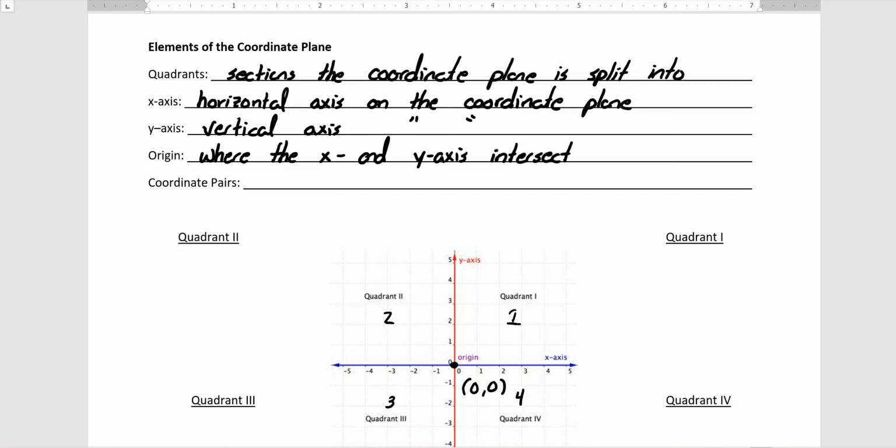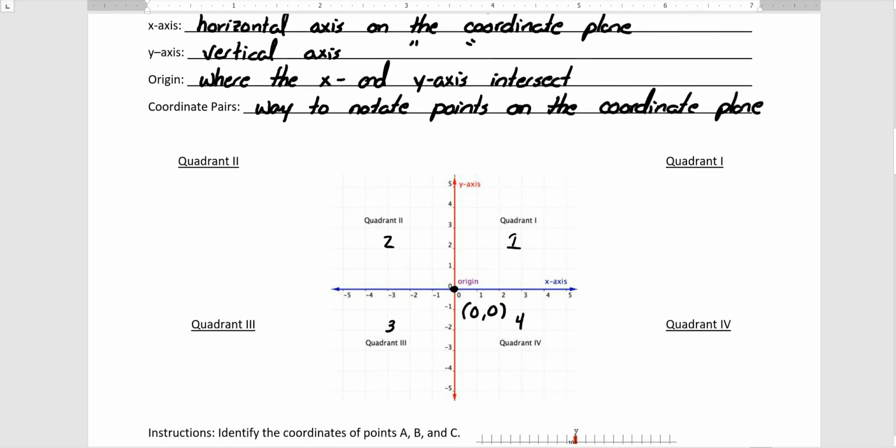Now 0, 0 is a coordinate pair, and a coordinate pair is a way to notate points on the coordinate plane. With all that being said, I want you to know how the coordinate pairs relate to the quadrants.